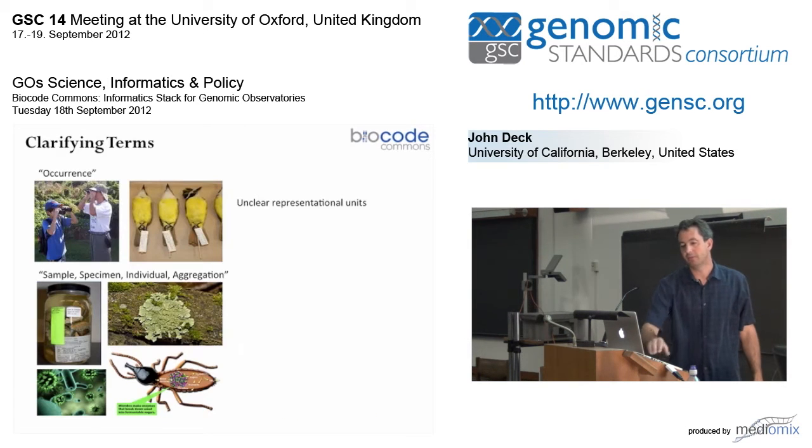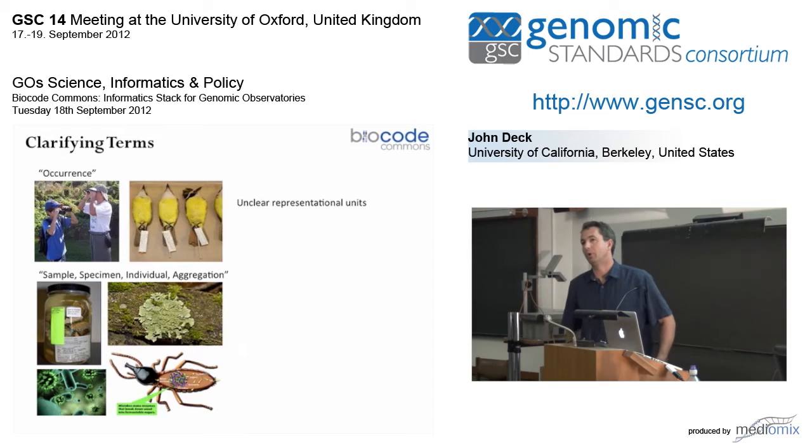Another thing that we've been working on a lot in the last few years is clarifying terms and realizing that a lot of our vocabularies could use some help in terms of asking, what exactly do we mean by something?